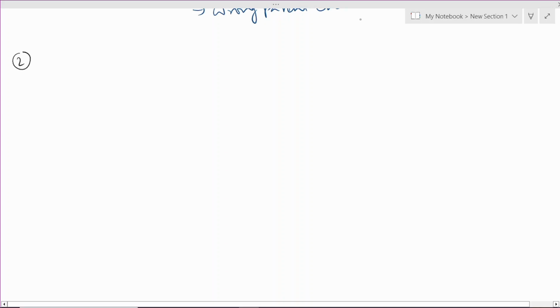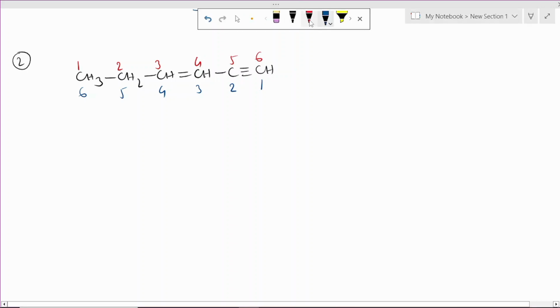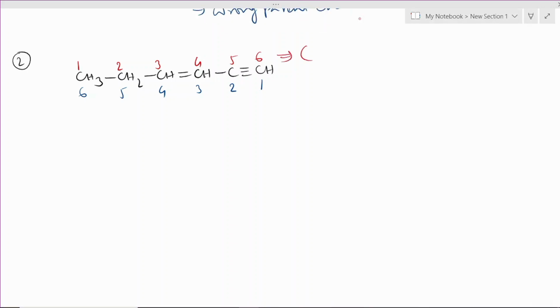Next we have to do numbering, in such a way that multiple bonds get the lowest set of locants. We will understand by an example. We can do numbering in two ways. Suppose this is one way, 1, 2, 3, 4, 5, 6, and the other way is this is 1, 2, 3, 4, 5, and 6. In the first way of numbering, the locants of the multiple bonds are 3 and 5.